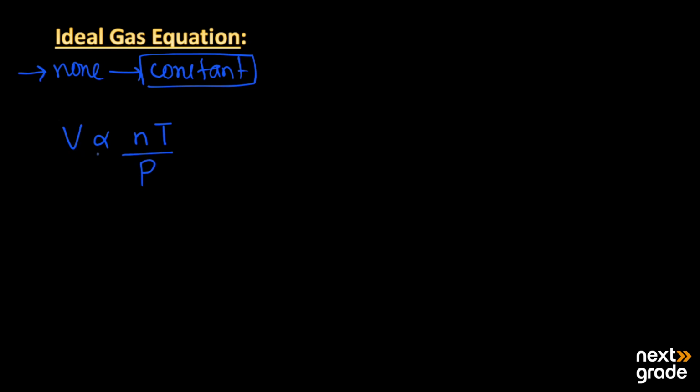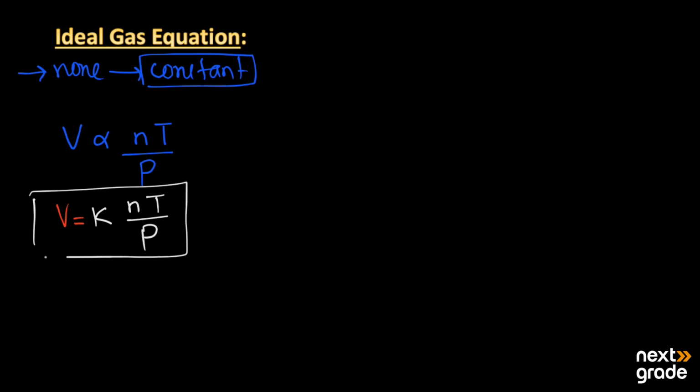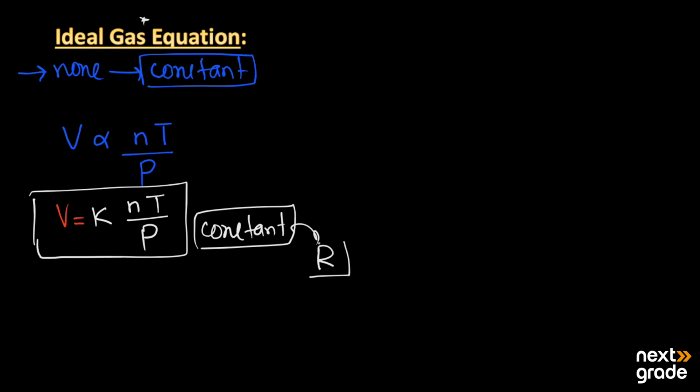The proportionality constant is K. So V is equal to K times nT over P. Here K is a constant value, and when we talk about the ideal gas equation, K is replaced by the constant R, which is known as the general gas constant.